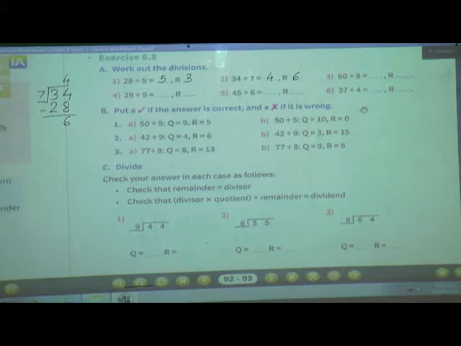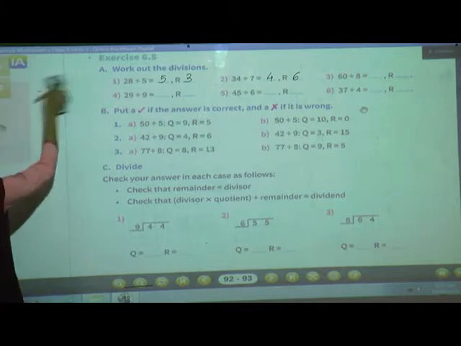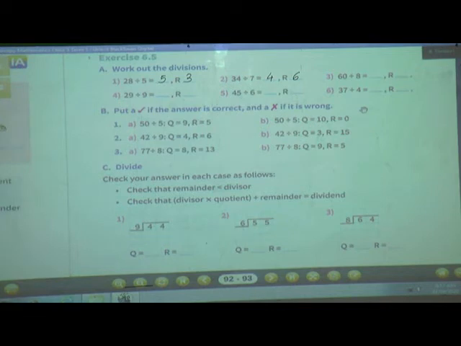Next, see the third example. Read it. 60 divided by 8. Now see the table of 8. In that table of 8, is 60 there? No, 60 is not there. Then what you will do? Yes, you will find out the smaller number than 60.